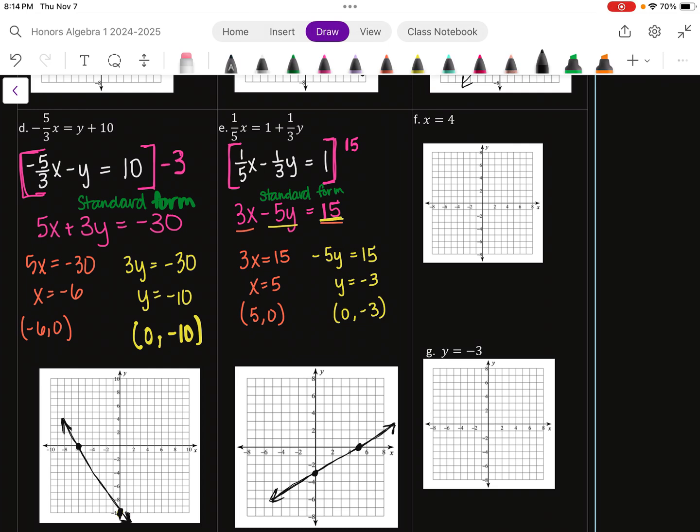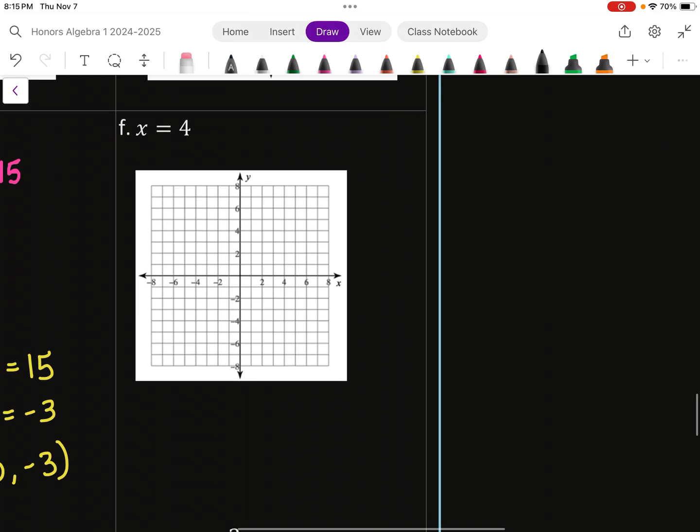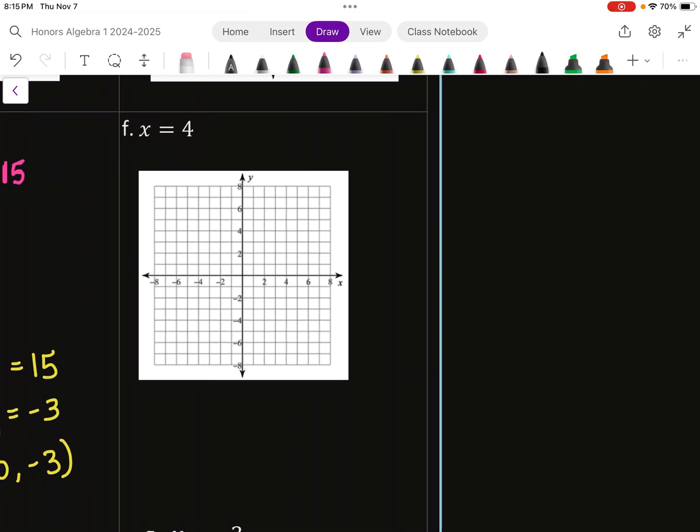All right, so this guy, x is equal to 4. Let's just find where x is 4. X is 4 right here, is it not? It sure is. Oh, but I think x is 4 right here. So if I was in class, I would say, hey guys, pick another point where x is 4.